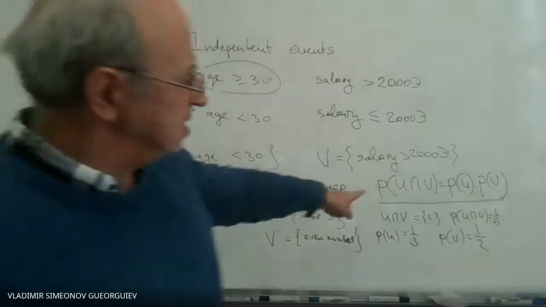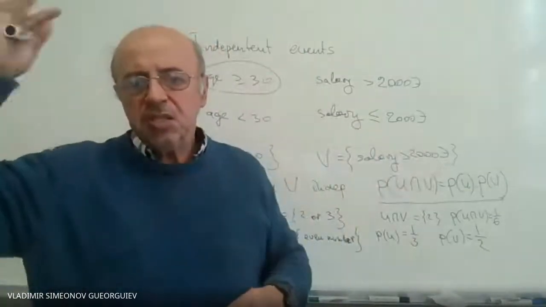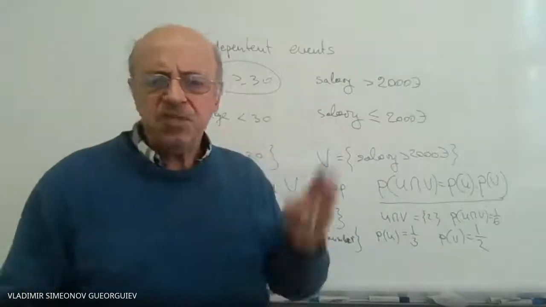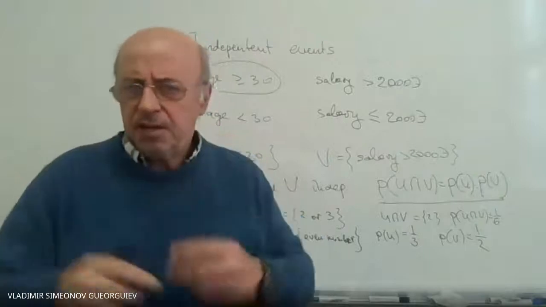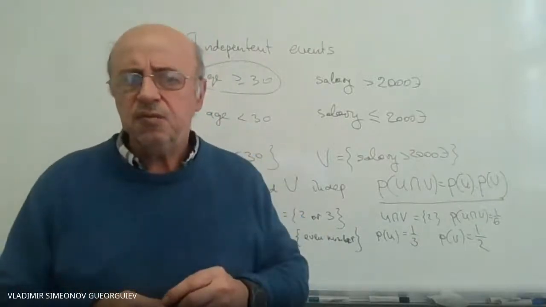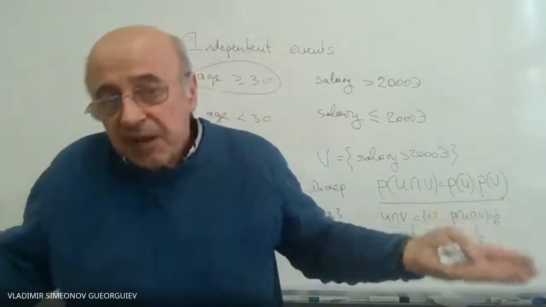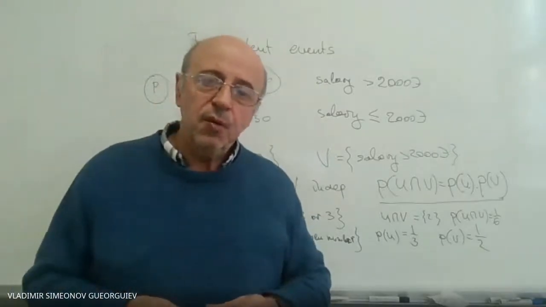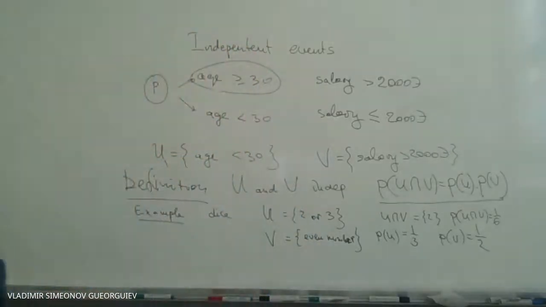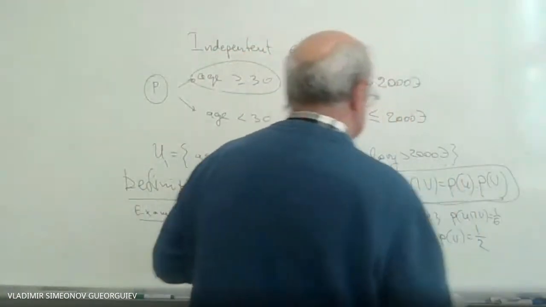If you measure with statistical data how many times event U happens, how many times event V, then you measure how many times U intersected with V happens, and your statistical data show this is not true, of course, this has to be dependent. Independence means we have to check this.